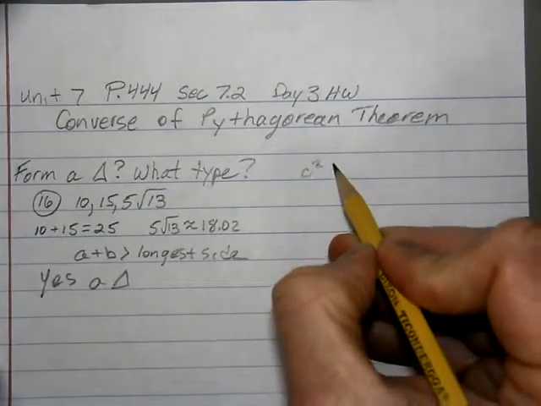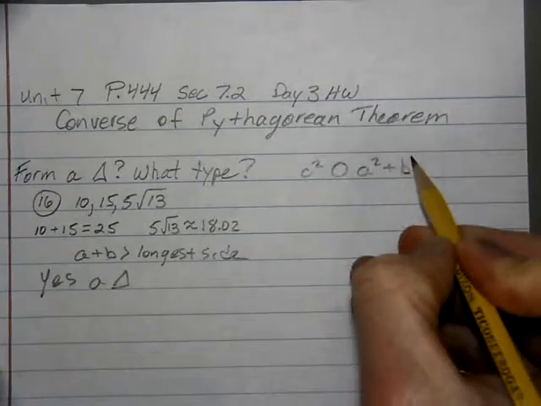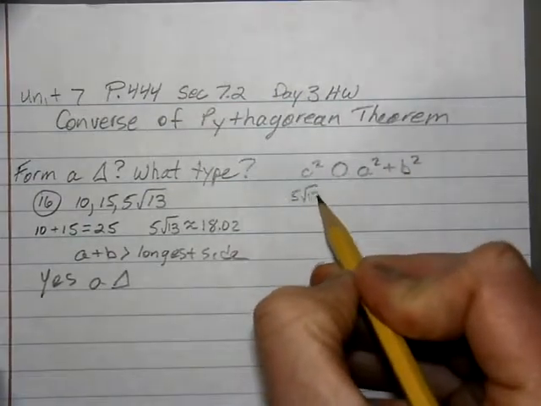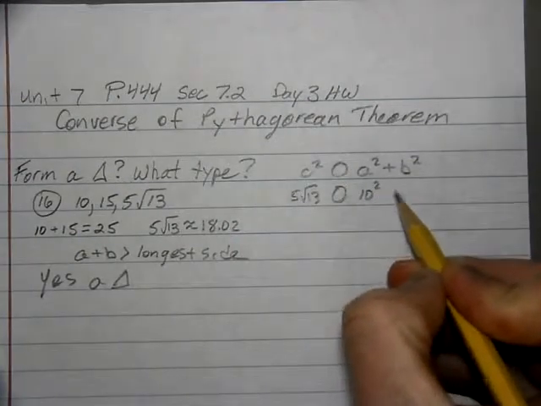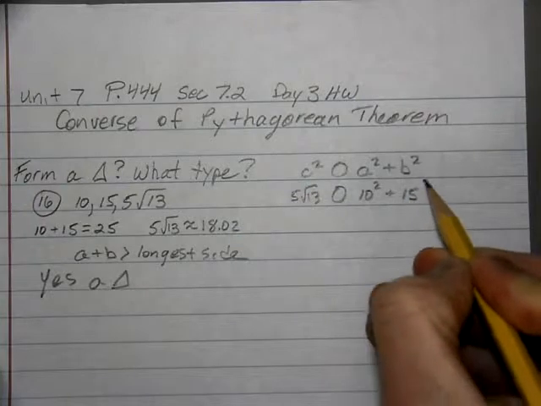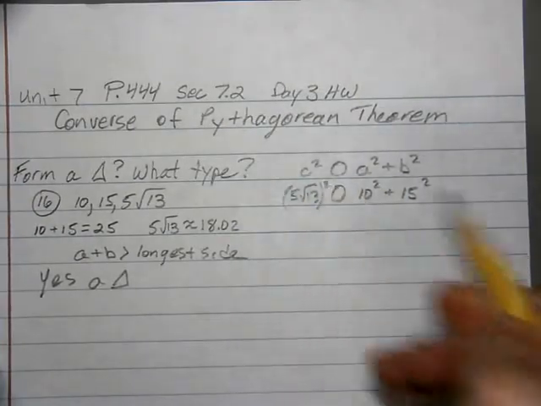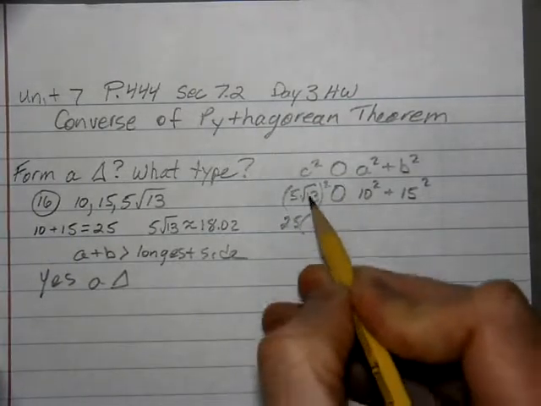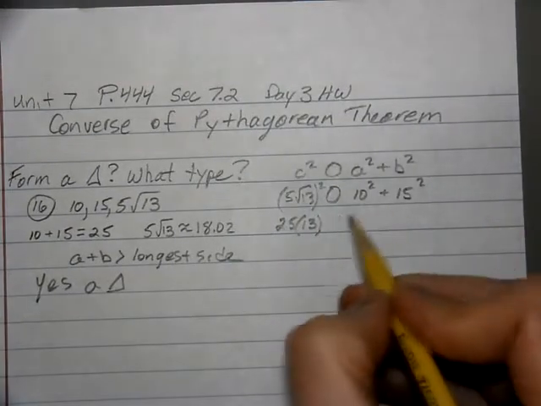So then we'll come over here and see what type of triangle it is. So c squared, and we're going to compare that with a squared plus b squared. My longest side, which is 5 square root 13, we compare with the smallest side and the middle size. When you square the longest side, we square the 5, and we square the square root. That means you get what's inside.